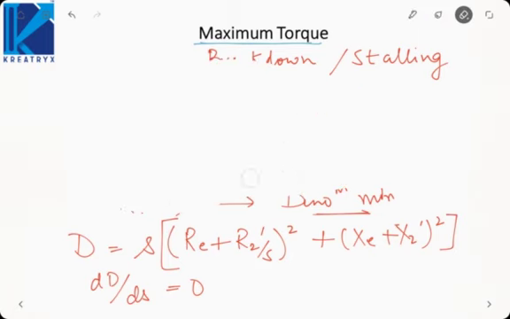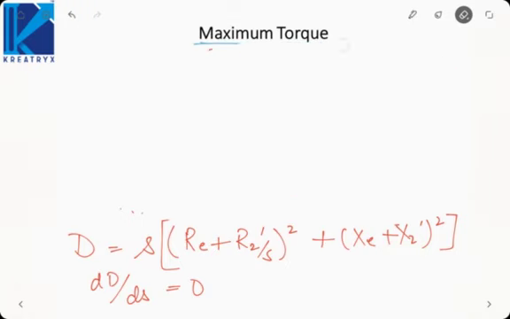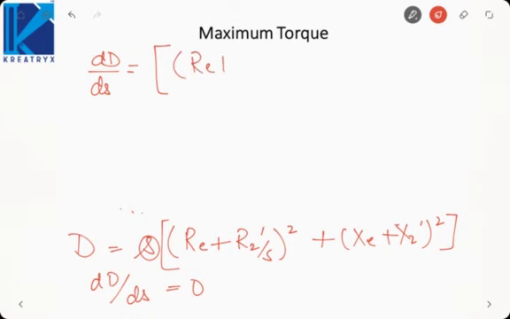Okay, so if we differentiate the denominator, by product rule, first we will differentiate the first term. The differentiation will be 1 into (Re plus R2 dash by S) whole square into (Xe plus X2 dash) whole square, plus then we will differentiate the second term.